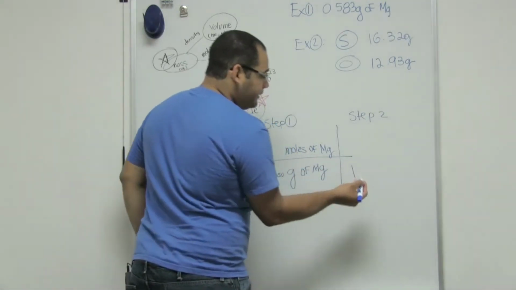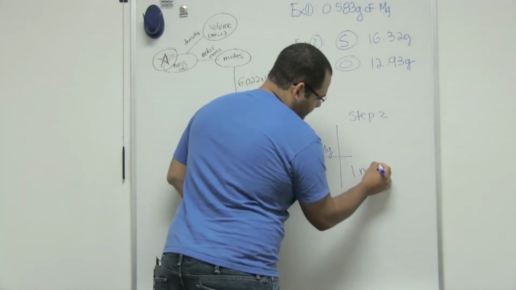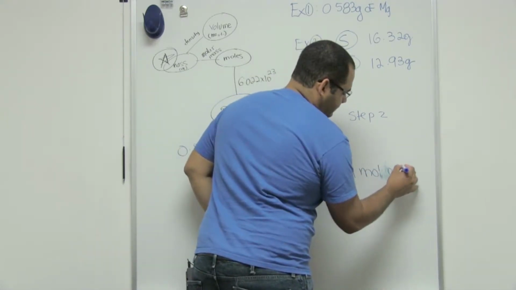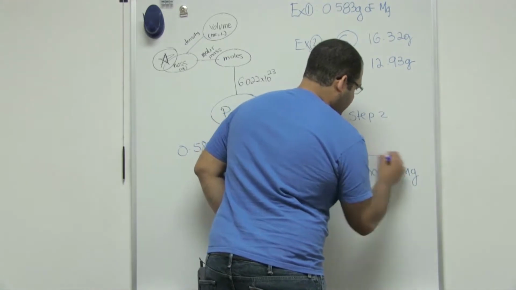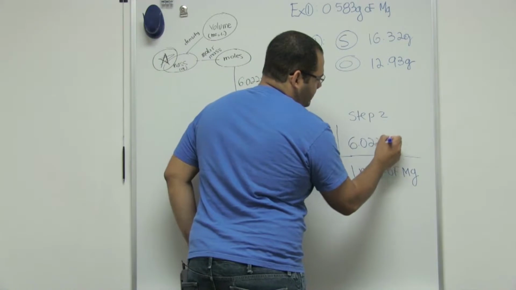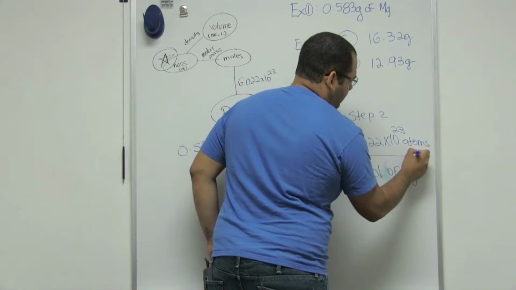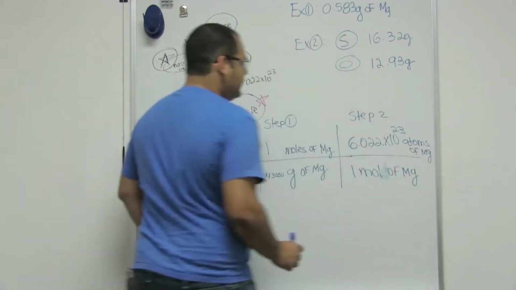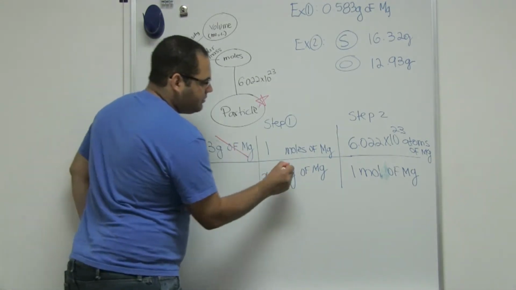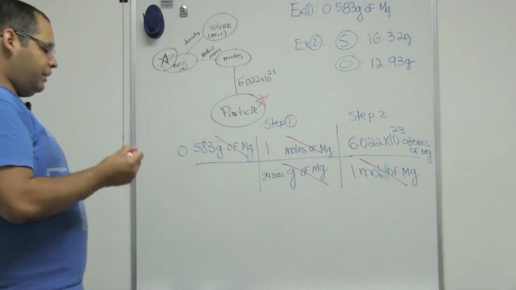This time I put moles in the bottom because I can cancel moles and moles. 1 mole is equivalent to 6.022 times 10 to the 23rd atoms of Mg. Now, grams cancel with grams, moles cancel with moles, and I end up with atoms of Mg.